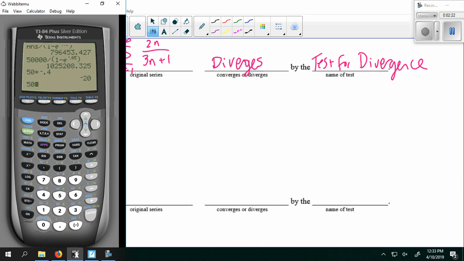And then I'm going to do 50 times negative 0.4, I should put parentheses around that, squared. And I get 8. And then I'm going to cube it. And I get negative 3.2. So negative 20, 8, negative 3.2.